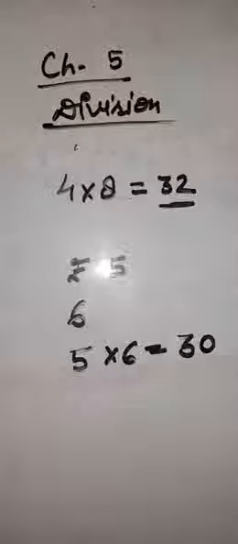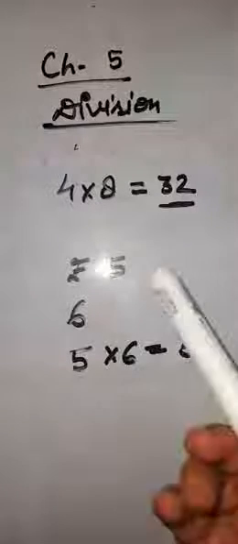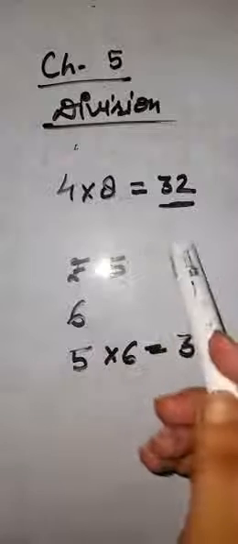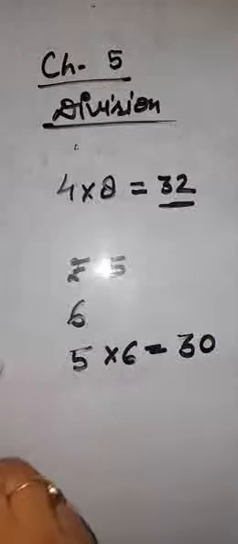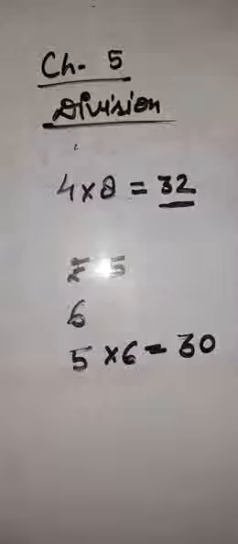Now we are moving to division. That is how and why we are using it. Like we have done multiplication, we will do division. So children, as multiplication is repeated addition, division is repeated subtraction.